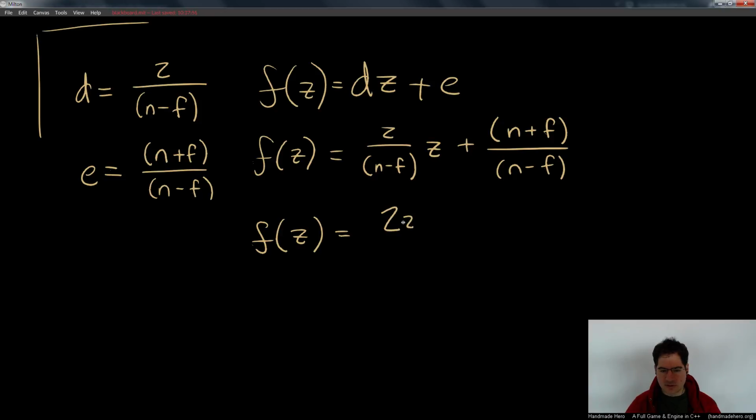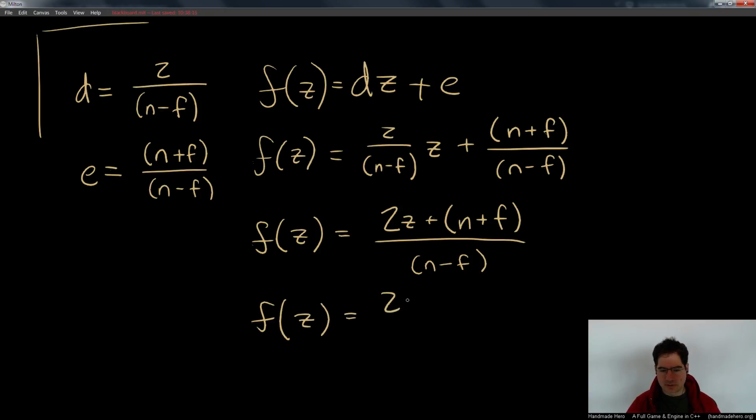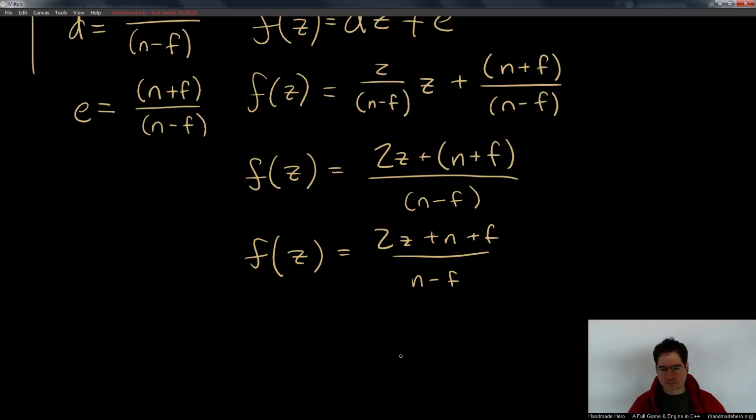So that's just 2z plus n plus f over n minus f. And that's the entirety of the equation that we're looking at. That's it.